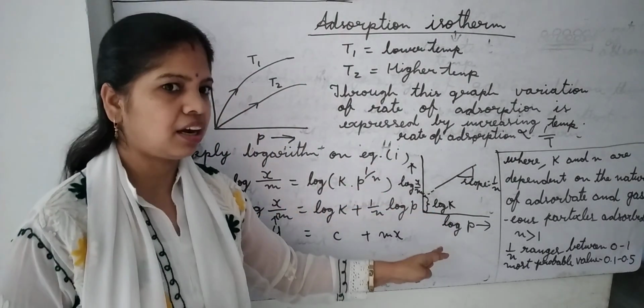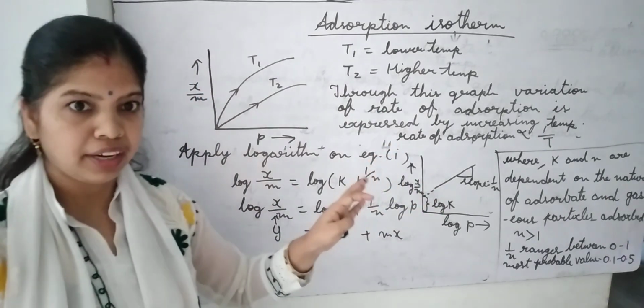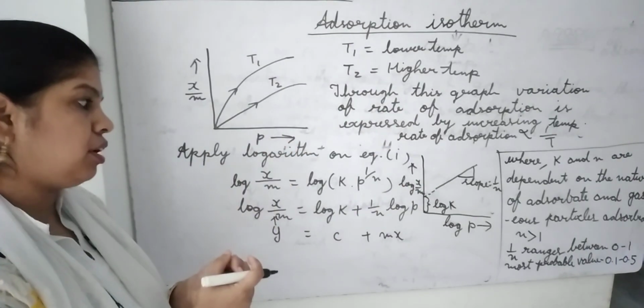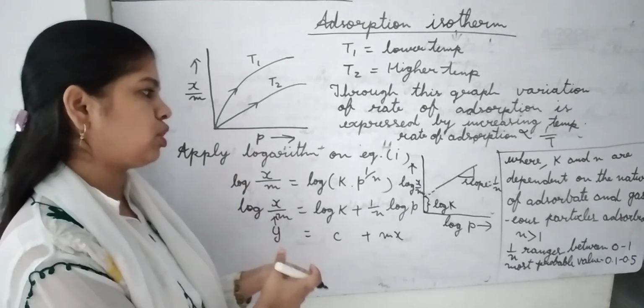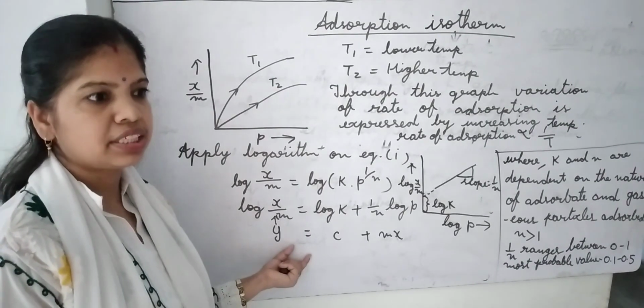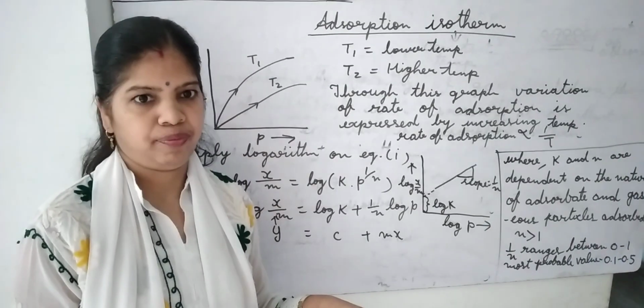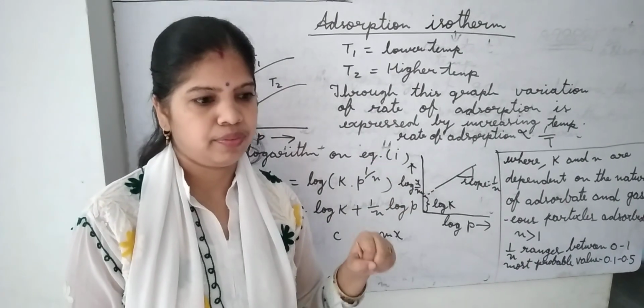So through such a graph which we are observing experimentally, it will be validated whether the equation we are getting from Freundlich adsorption isotherm is correct or not. So it is proved by graphical representation.